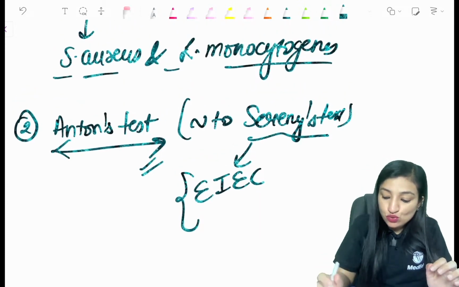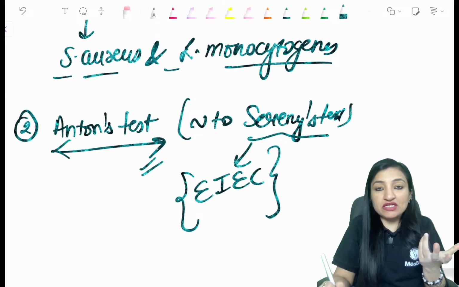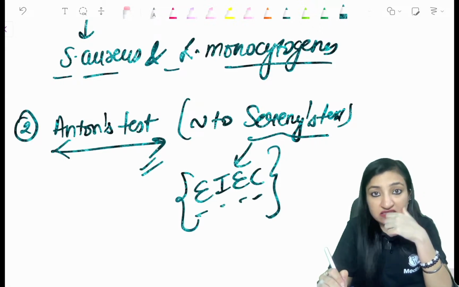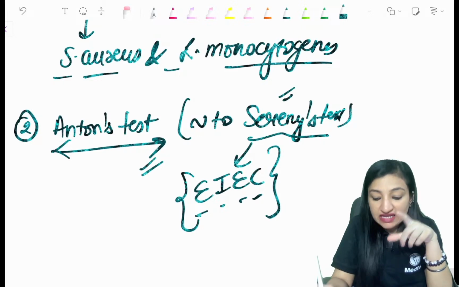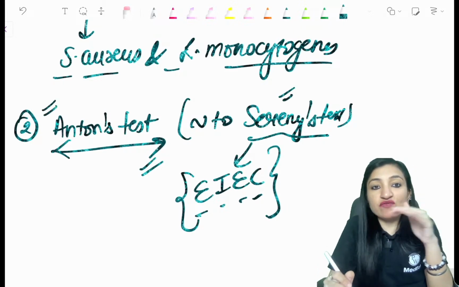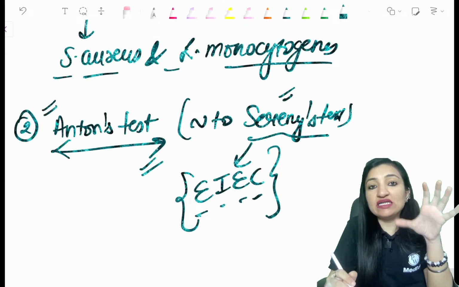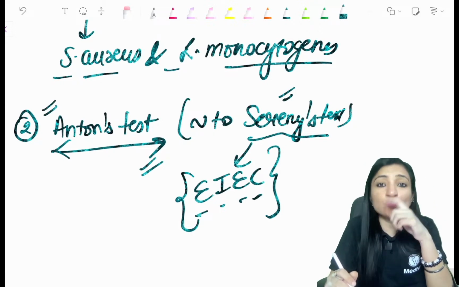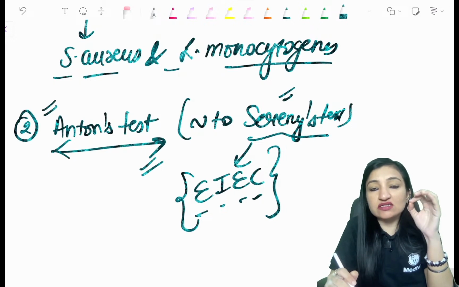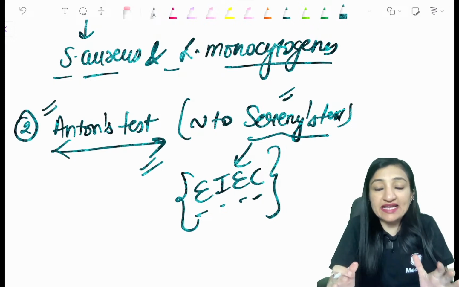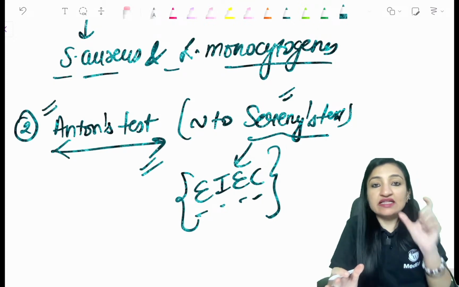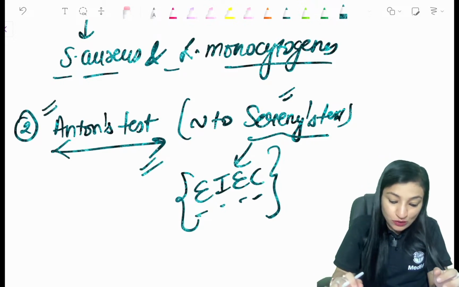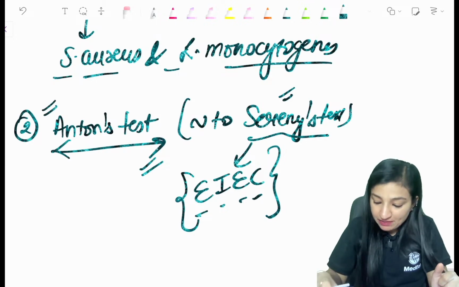If you are suspecting, you have grown colonies of enteroinvasive E. coli, you have got strong suspicion that it is EIEC only, then you are going to call it Sereny test. Or if suppose you have concluded that whatever organism your patient is infected with is Listeria monocytogenes, and you want to carry out this test of invasiveness in the animals, then you're going to call it Anton's test. Now let me show you a picture. You are not going to find this picture on Google. It's a very rare pic. See this.